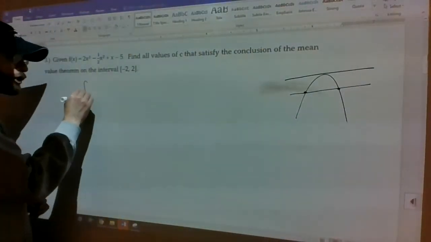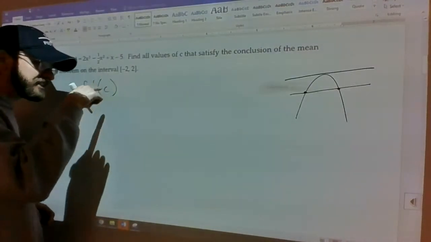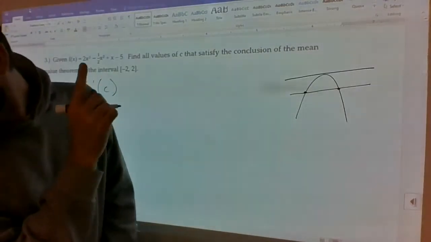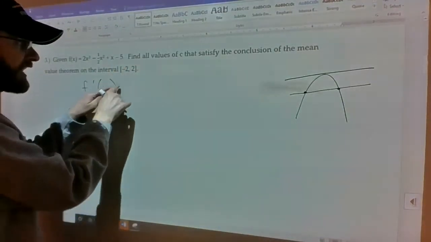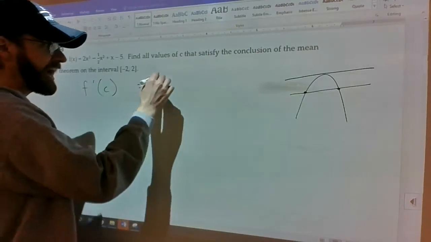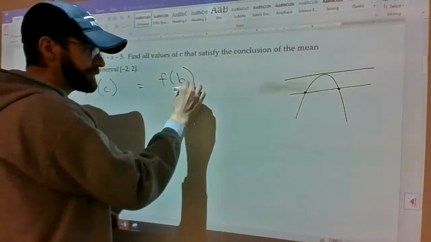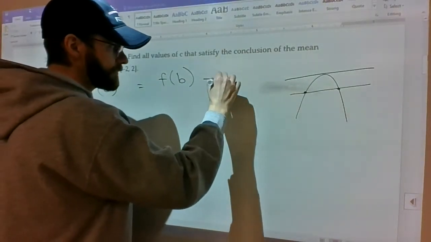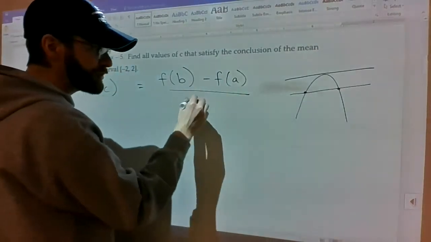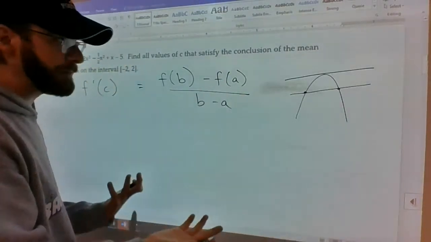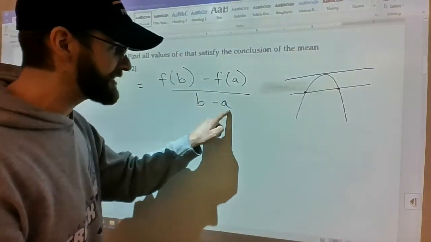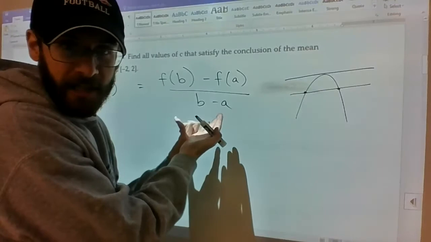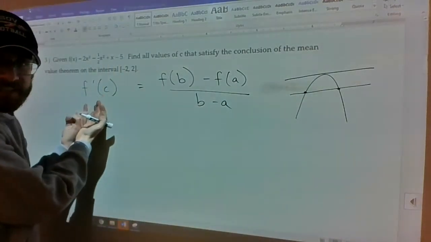But here's the conclusion to the theorem. There exists a value of the derivative, some number that exists between -2 and 2, that's the C value, such that the average rate of change, which is the exact same thing as y2 minus y1 over x2 minus x1, is your slope formula, because this is the slope of a tangent line.